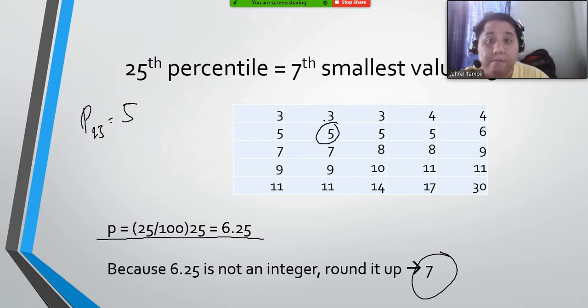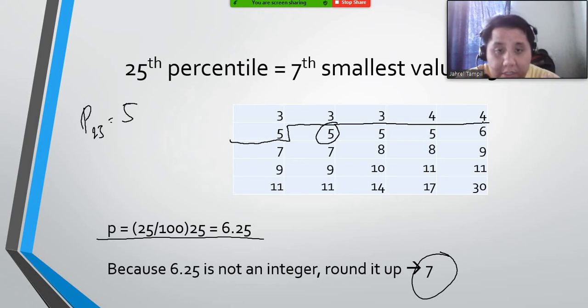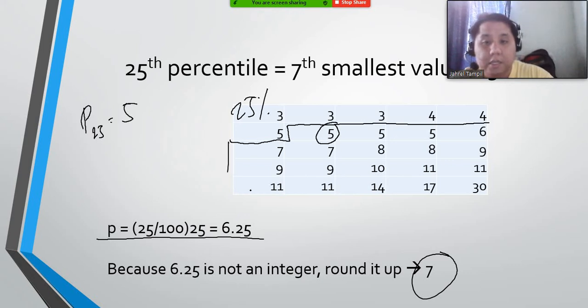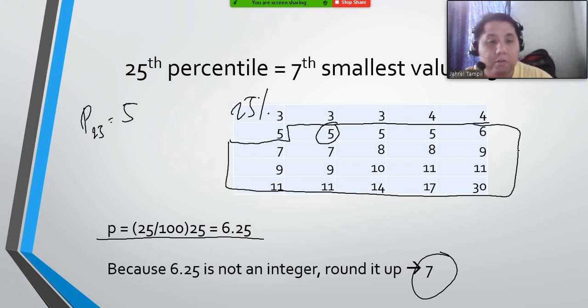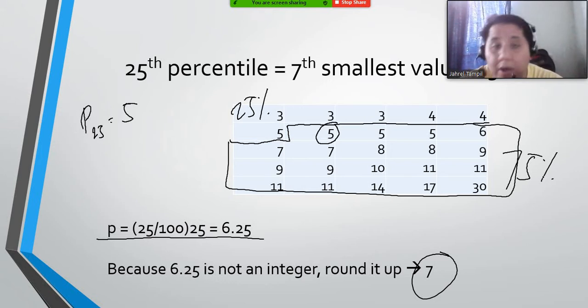So it's 5, which is consistent with what Excel gave us. Based on this, the ones below that 7th position already belong to the 25% of our dataset, which means the ones here belong to the 75%, and 5 is the smallest value of the 75%.